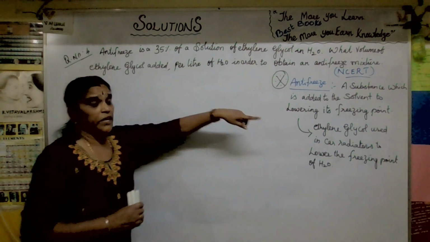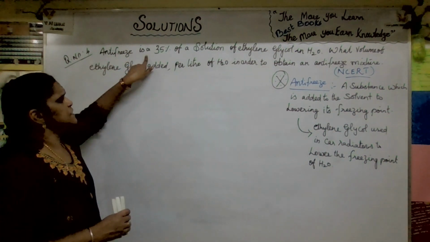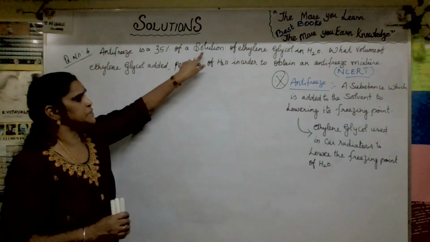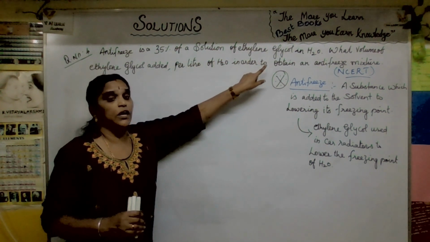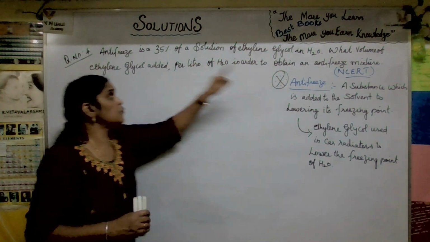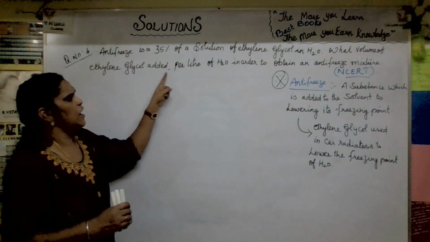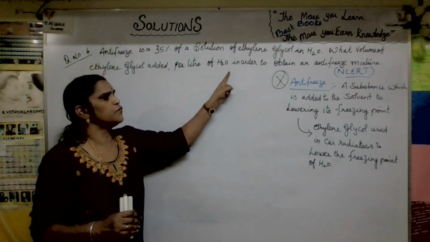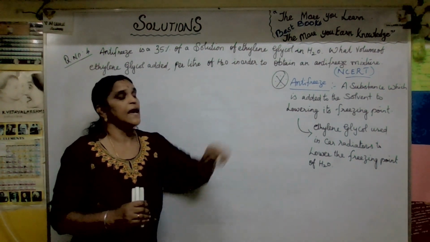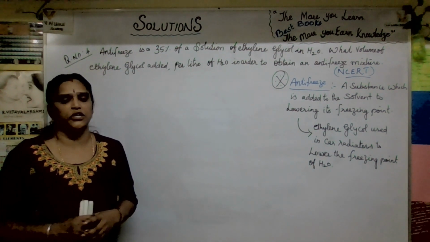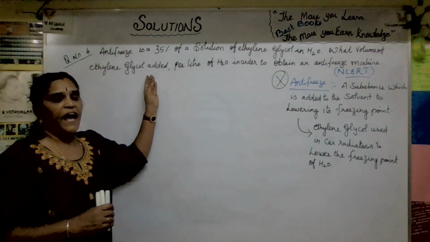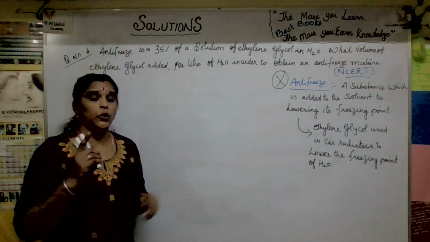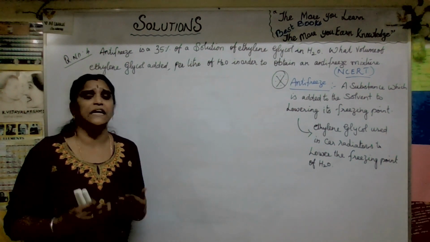Now, another important question. Antifreeze is a 35 percentage solution of ethylene glycol in water. What volume of ethylene glycol should be added per liter of water in order to obtain an antifreeze mixture? As you see the question, you will ask: what do you mean by antifreeze mixture?